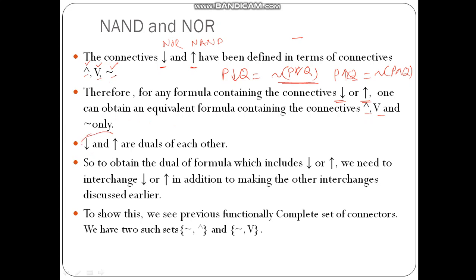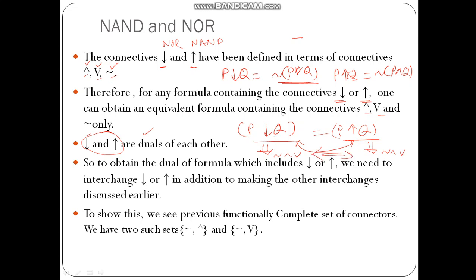Another very important thing about NOR and NAND is that they are duals of each other. Whenever you find a formula in which NOR is involved, you can find the dual by replacing NOR with NAND. So these two are duals of each other. If you can find an equivalent formula to each in terms of NOT, AND and OR, these two will also be equal.